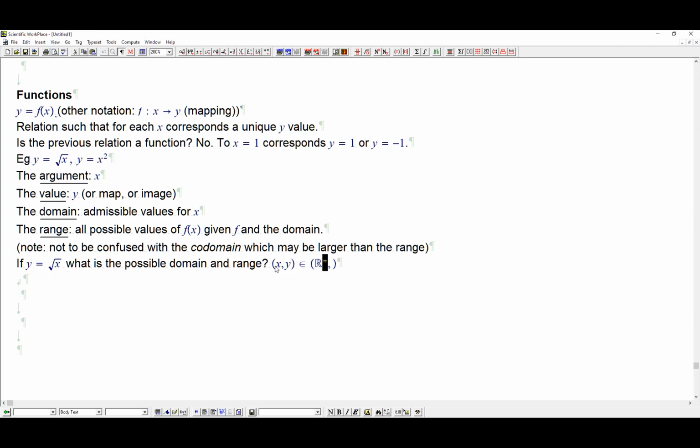That's a shortcut. And if I have R plus as a domain, then what will be my range? Wouldn't it be the same? Yes, R plus as well.